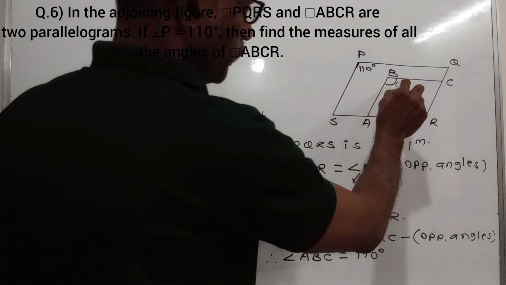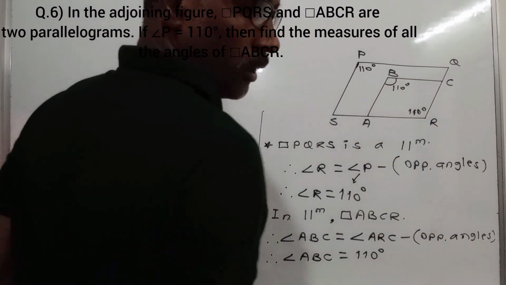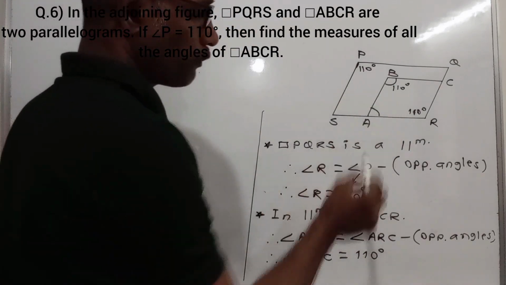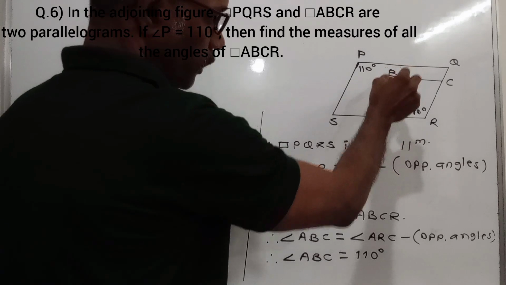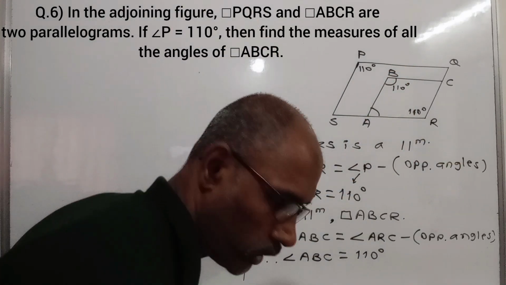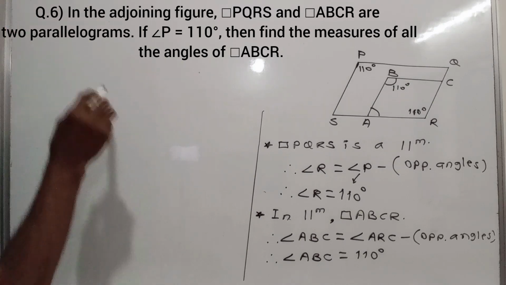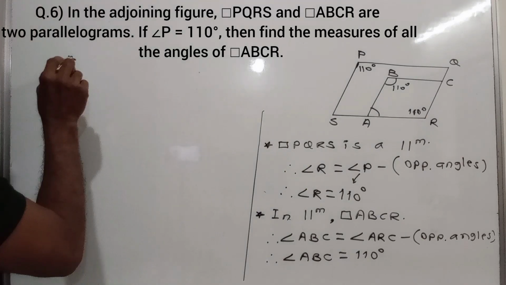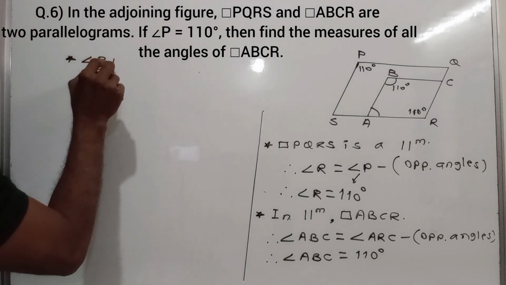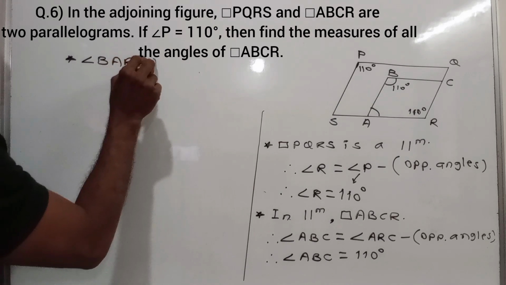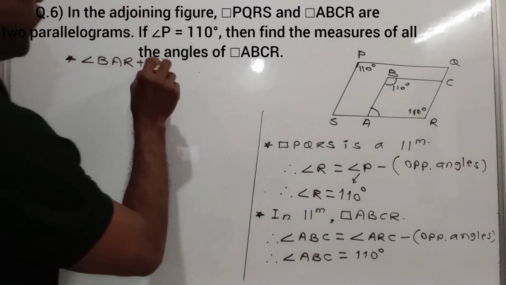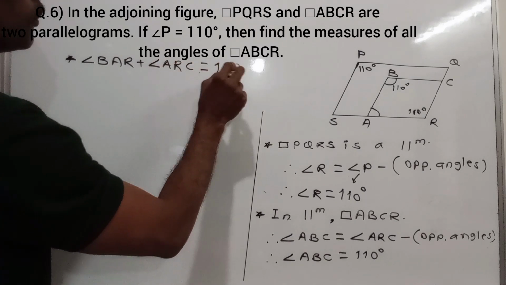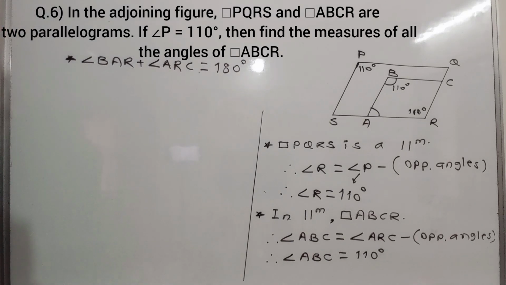Now, after getting the value of this, we can find the measure of angle A, or we say angle BAR. See this. Angle BAR plus angle ARC is equal to 180 degrees.